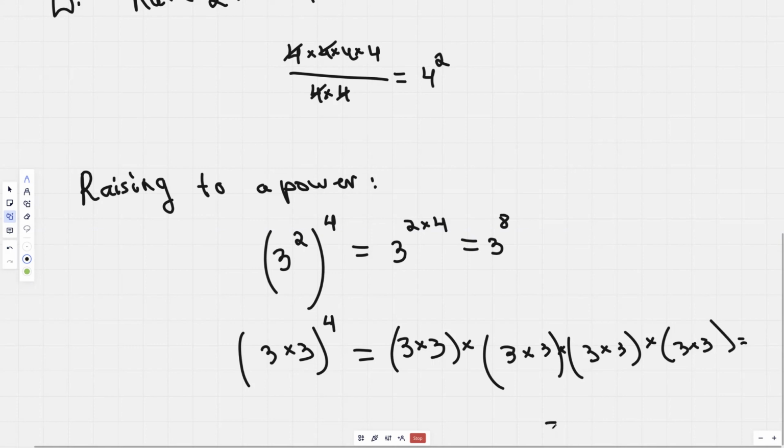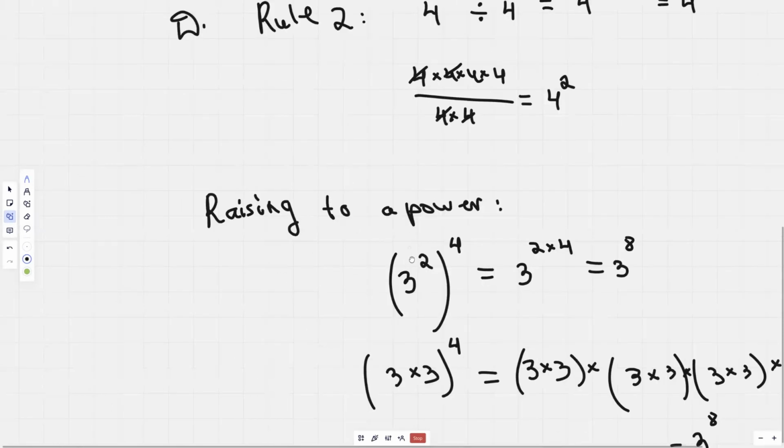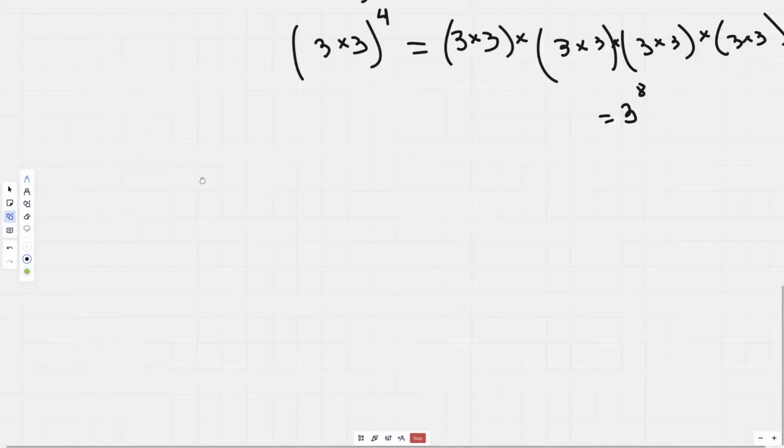So in the end we will have 8 threes multiplying each other, which means 3 to the power of 8, right? So they are the same. This was rule number 3.